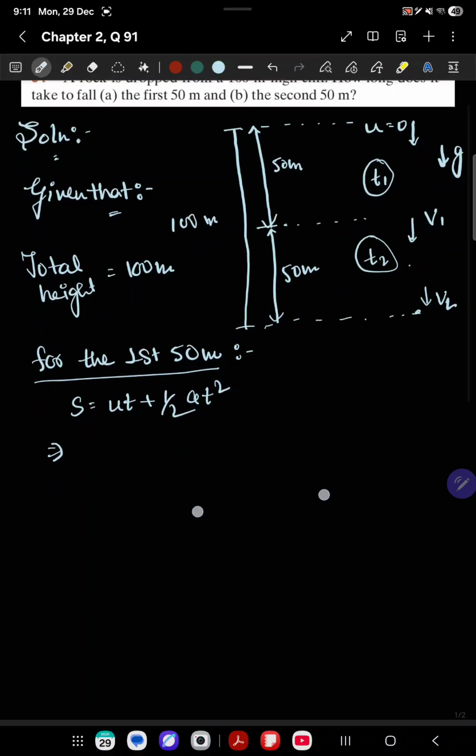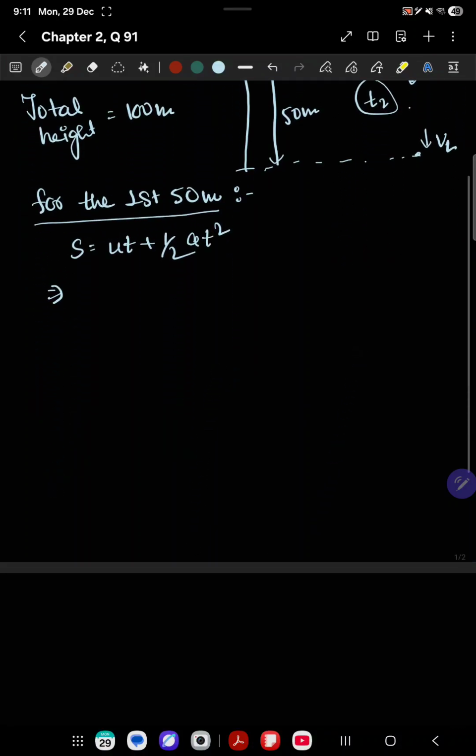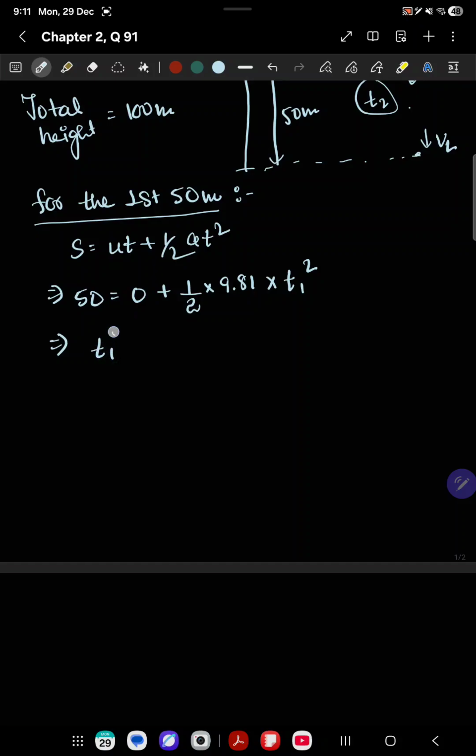In this case, we are talking about the first 50 meter, so s will be 50. U, its initial velocity, is 0, so it will be 0 plus half. A here is g, and I am taking the value of g as 9.81, into the first 50 meter, the rock has taken time t1, so I am putting t1 square. So if I solve this, I will get t1 square equals 100 upon 9.81.